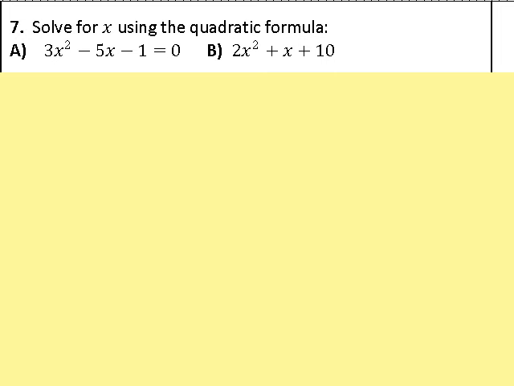Here we want to use the quadratic formula to solve these two quadratics. All right, first of all, let's write down the quadratic formula. Let me write it here. So we have negative b plus or minus square root b squared minus 4ac over 2a.